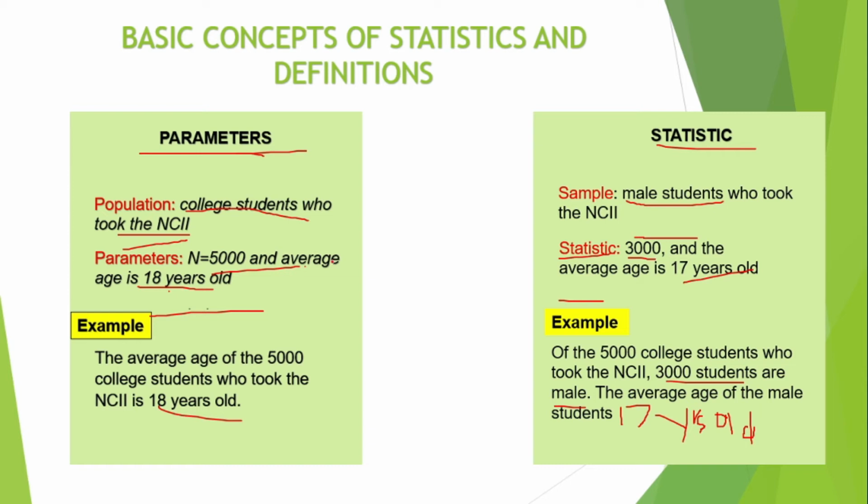And di ba yung kabuuang population is 5,000. So the average age for male students who took the NC2 is 17 years old. So yun yung ibig sabihin ng parameters and statistics. Parameters is from the population, statistics is from the sample.